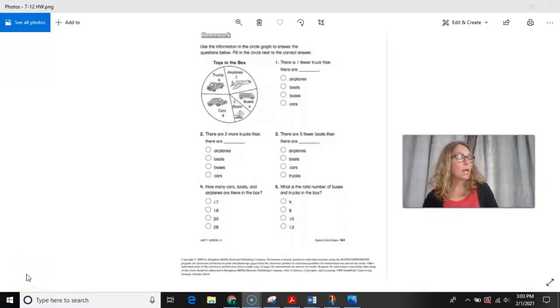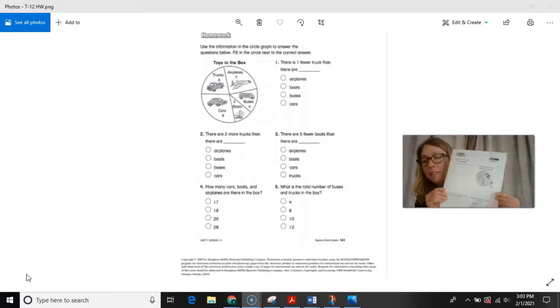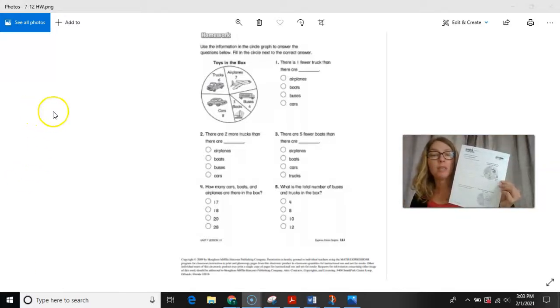So you guys have 7-12 at home because I sent that home with you last week when we packed up. And I want to walk through this with you, but what I was able to do is find an online copy of the homework sheet. So since I was able to pull this up on the screen, I'm going to go through the homework sheet with you.